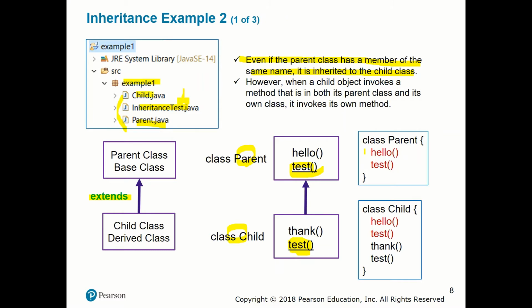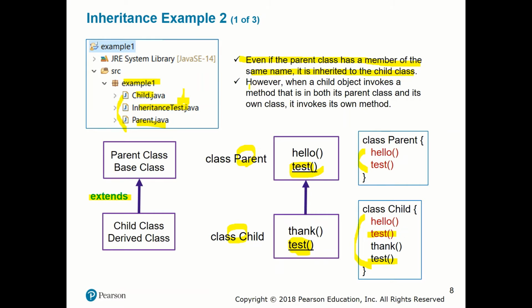So parent class has hello and test, child class has thank and test, but child class is like to have these 4 methods. Okay, so even if the method name is the same, both tests are in the child class.